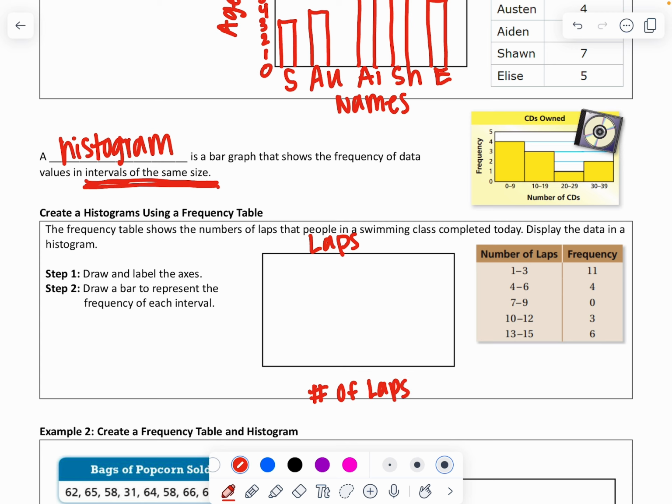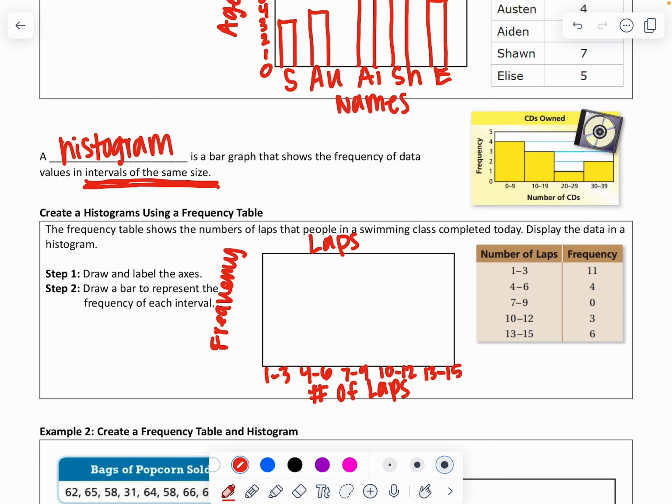And to the left, it's going to be frequency, because we want to know how many people did those number of laps. Okay. So our first interval will be 1 to 3. And then we'll have 4 to 6, 7 to 9, 10 to 12, and then 13 to 15.